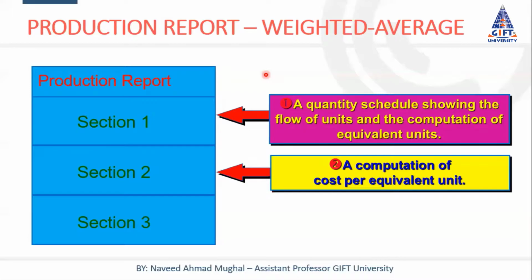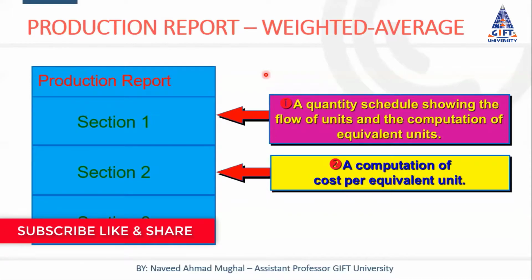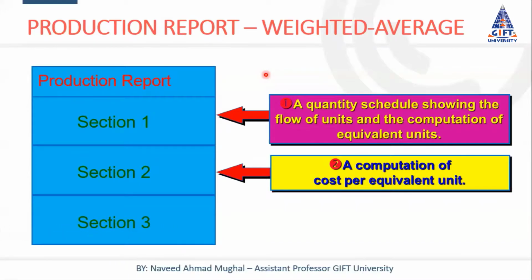When we have a departmental structure in an organization, we prepare goods in different departments, and every department will be a production unit. And in that particular department, what is the unit cost? For the calculation of the unit cost, we use the cost of production report.